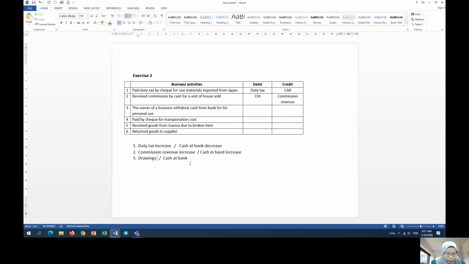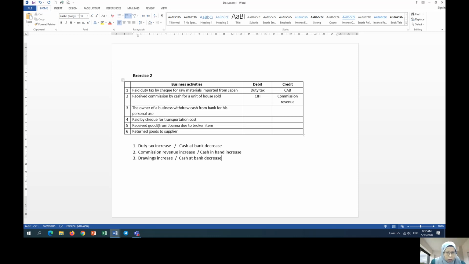So drawings increase. Sebelum ni tak ada drawings, sekarang dah ada drawings. So your drawings increase, and then your money has been deducted due to that drawings. Duit perniagaan dalam bank telah berkurangan disebabkan oleh aktiviti ambilan tersebut. Jadi duit dalam bank berkurangan, so cash at bank decrease.